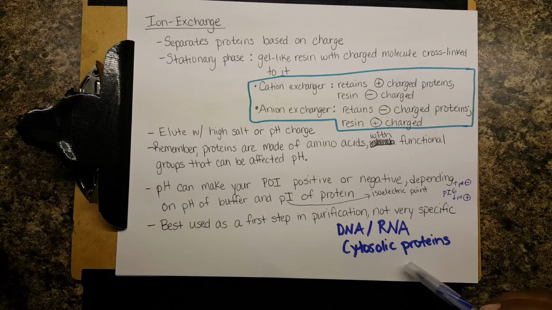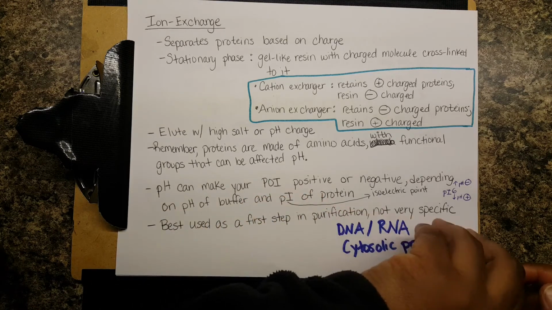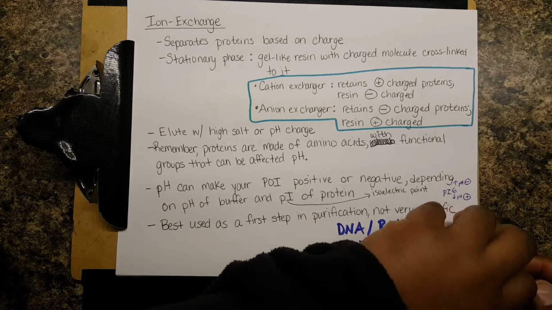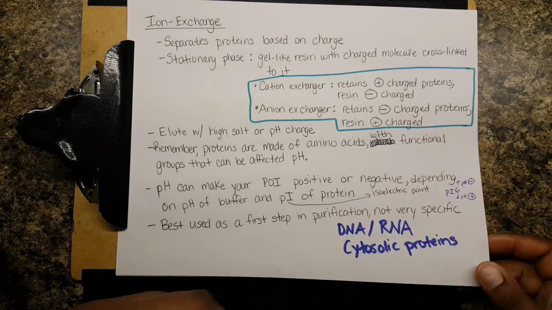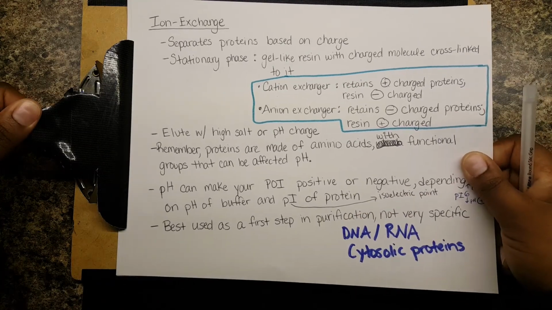So some of those proteins will be made positively charged, some of them will be negatively charged, and some of them will interact with your ion exchanger. So take it with a grain of salt. It's a helpful tool, but I would not use it as a final step because you have way too many impurities.